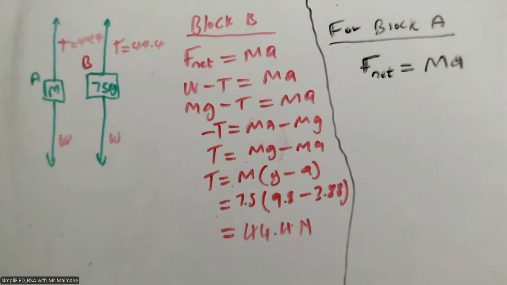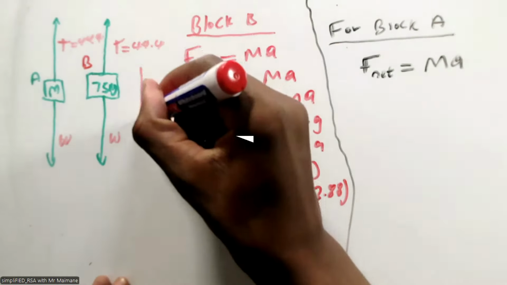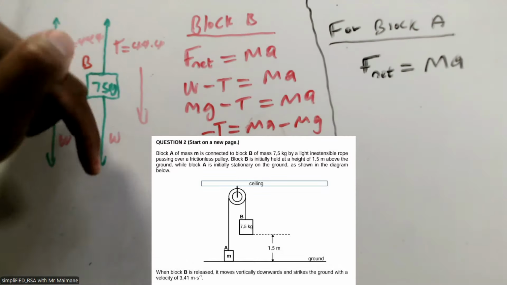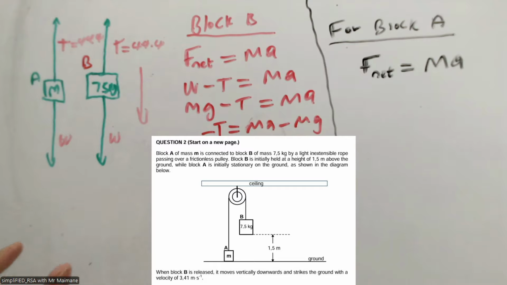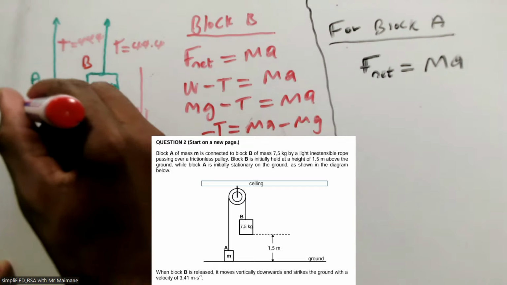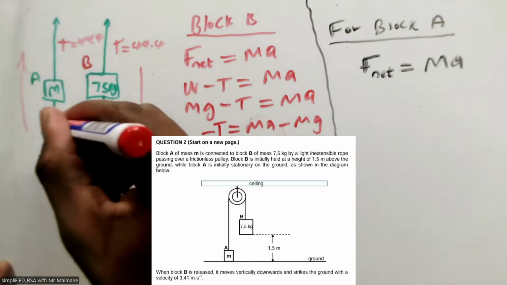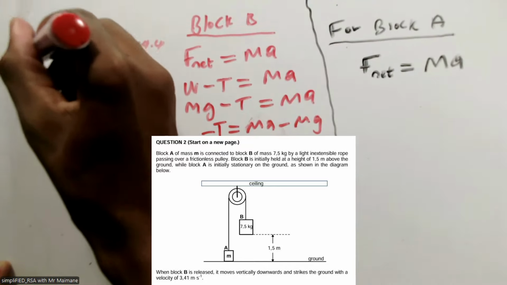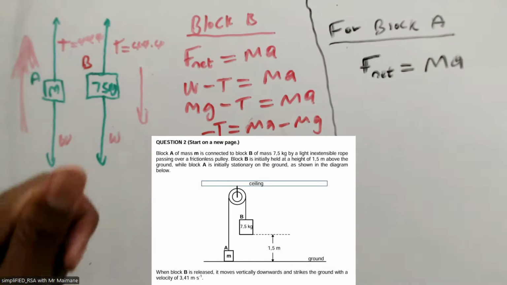That I know. Before I proceed, I want you to understand that based on my choices, I chose downward to be positive because block B is traveling downwards. But as block B is traveling downwards, it means it is pulling block A upwards like that. So the direction of block A is going up while block B is going down.